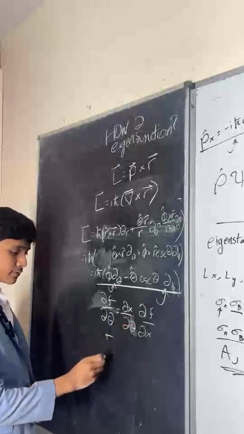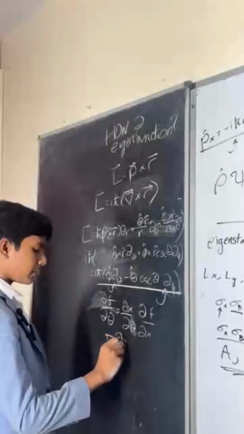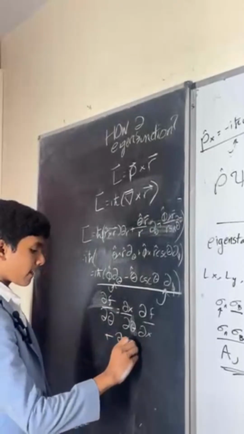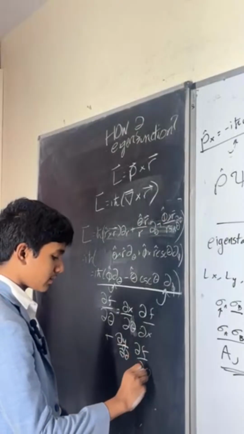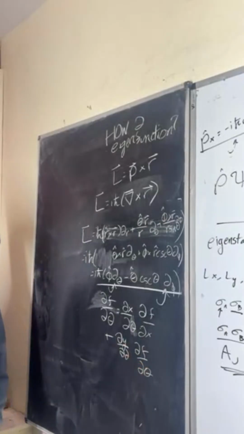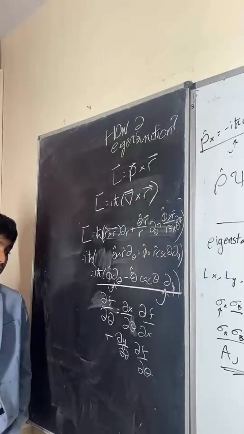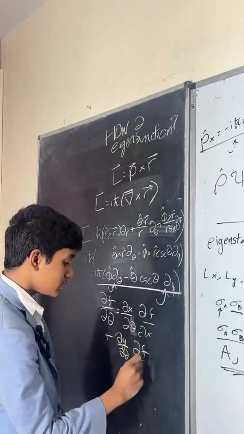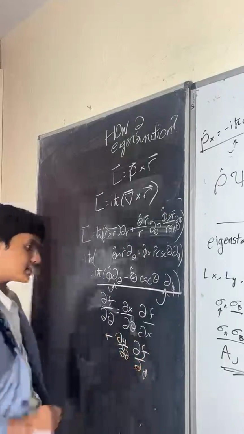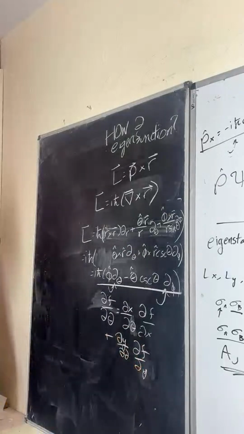So we're going to have this plus partial y partial theta partial f partial y. Okay, so now I just need to figure out which plane theta is in.